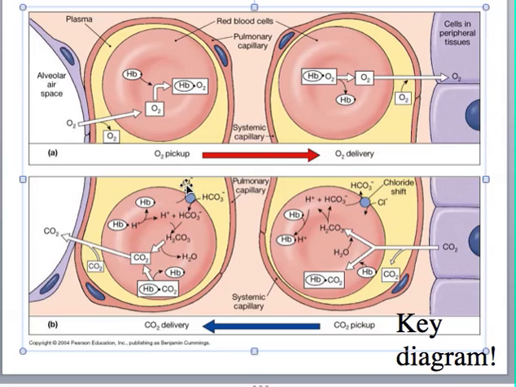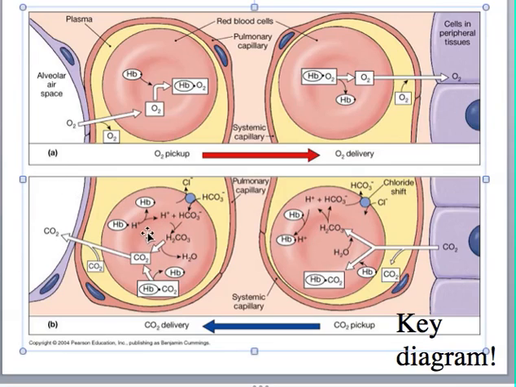The chloride ion is going to go out, so the bicarbonate can join back with the hydrogen ion and form carbonic acid, which will then be broken down into water and CO2 gas. The CO2 gas will then diffuse out of the red blood cell, through the plasma and into the alveolus.